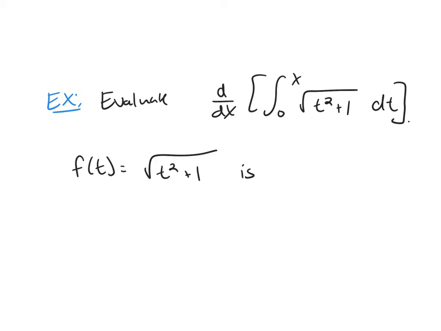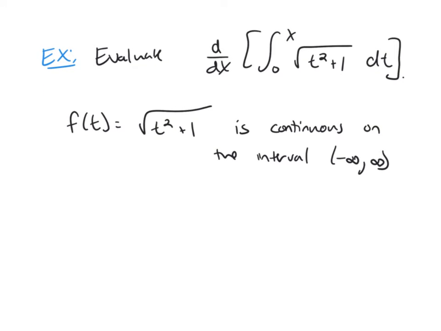And so in particular, this is continuous on the interval negative infinity to infinity. So in order to use the second fundamental theorem of calculus, your function has to be continuous, which it is.